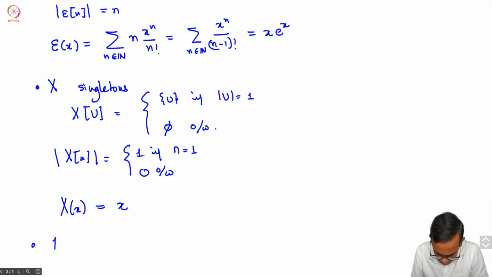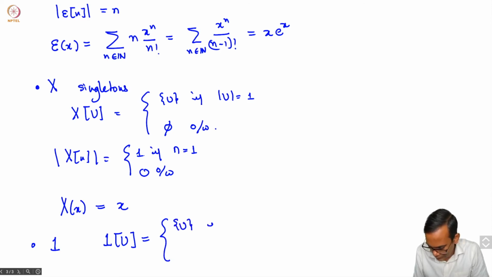Then there's the species 1, which was defined as the species 1 of U is equal to, so this is called the empty set. So 1 of U is U if U is the empty set and it is empty otherwise.